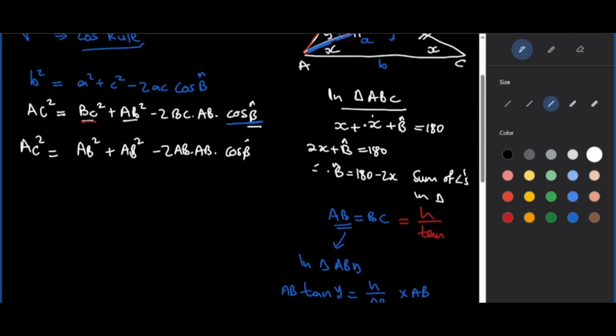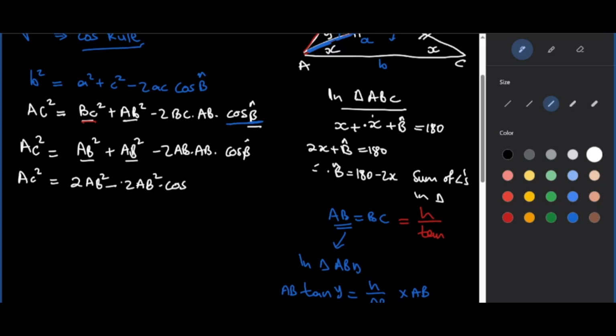Now you'll understand why I want us to work on it like this. Let's substitute. AB squared plus AB squared, these are like terms. So this will be 2AB squared minus what? We have AB times AB, which gives me 2AB squared, times the cos of that angle B.